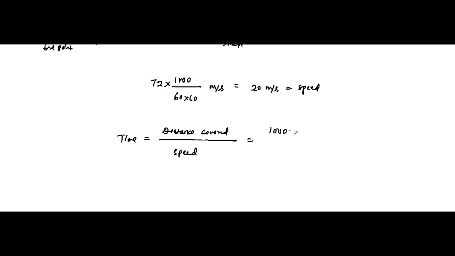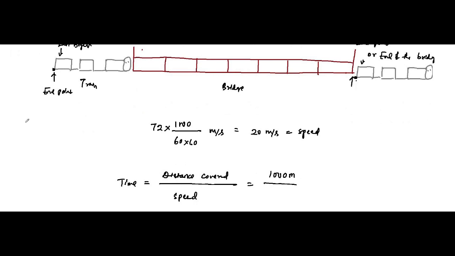It is 1000 meters, which is the total distance covered, the length of the bridge plus the length of the train. So 1000 meters by speed, which is 20 meters per second, gives us 50 seconds.